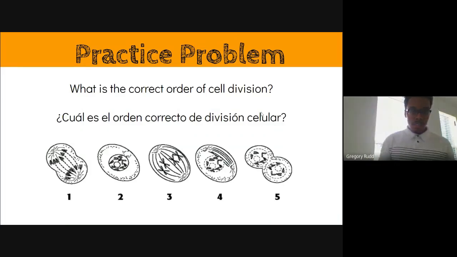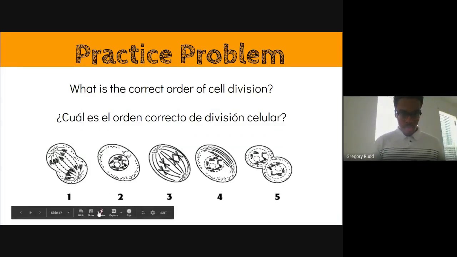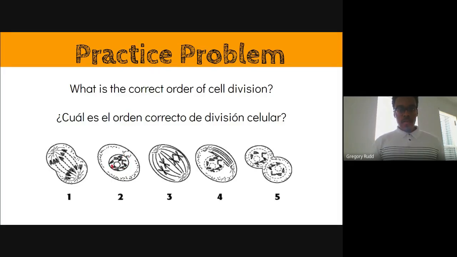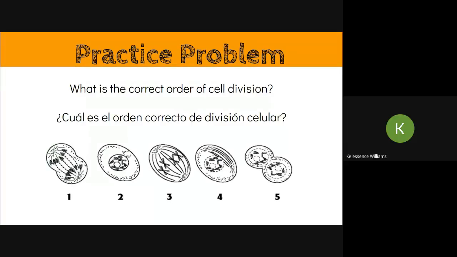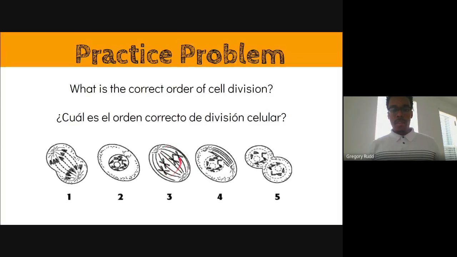So we can see in step 2 that some of the nuclear membrane is breaking down. Then in step 4, we see the spindle fibers starting to align. Then we've got step 3. This would be metaphase, as you can see the chromosomes are lined up in the middle of the cell.